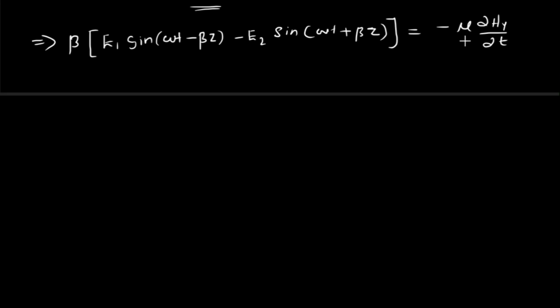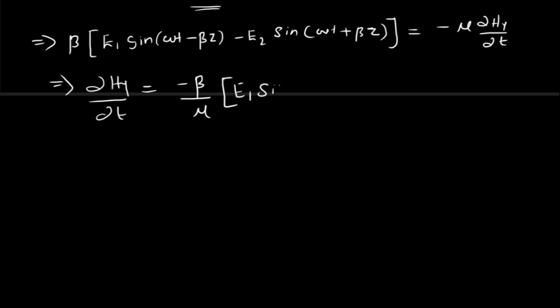I'll rewrite this equation as del Hy by del t equals, bringing the mu to the other side along with the negative sign, minus beta by mu multiplied by E1 sin(omega t minus beta z) minus E2 sin(omega t plus beta z). Yeah, this is fine.